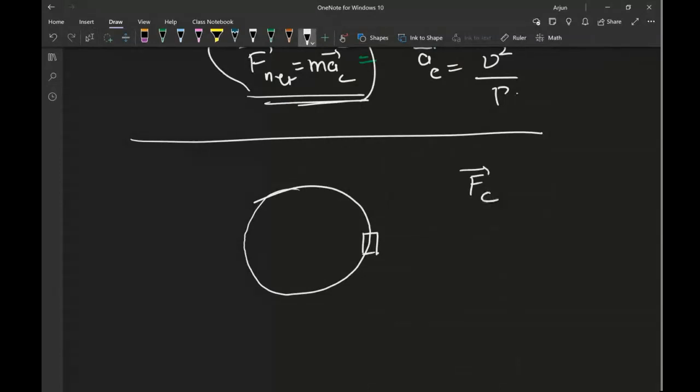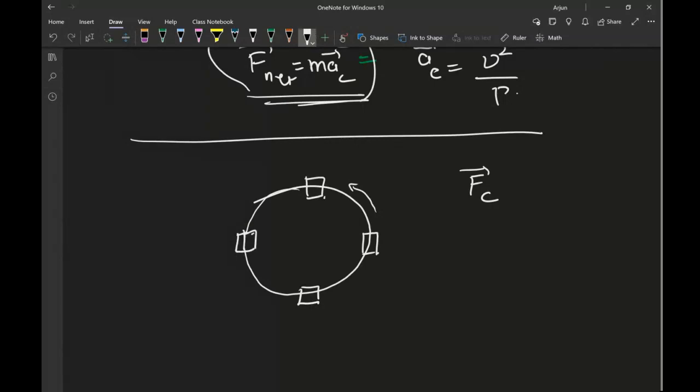Now this car, because it is moving in a circular direction, keeps on changing its direction all the time. To stay on its circular path, what are the different forces which should act on this car? I will ask you guys to try and visualize that.